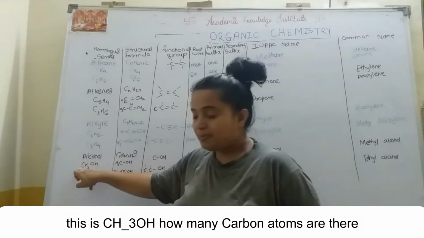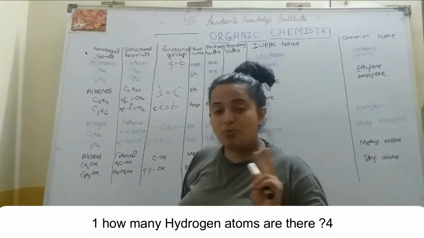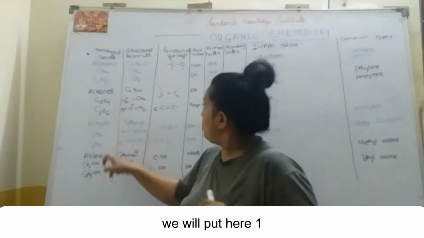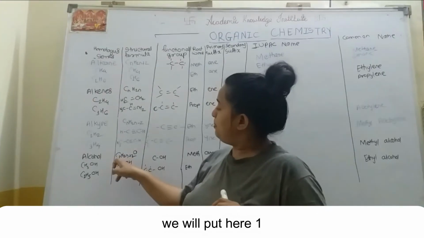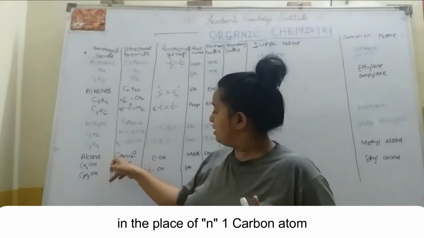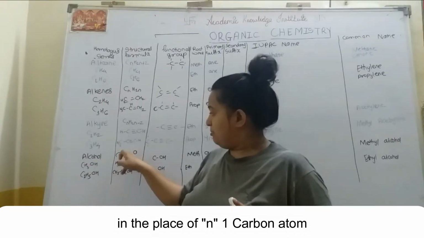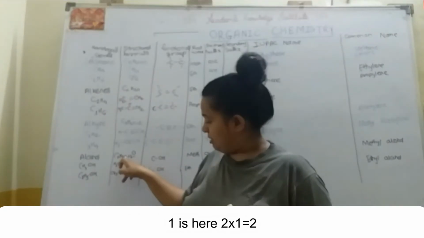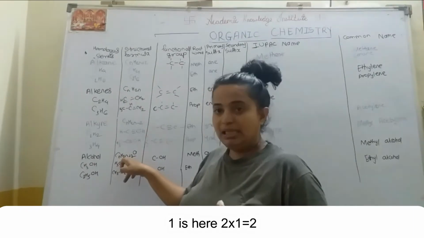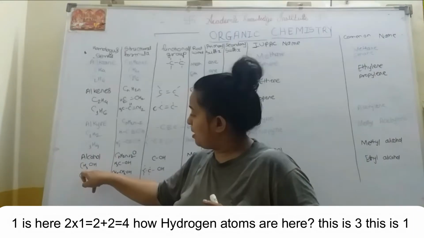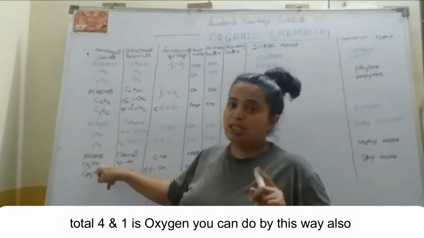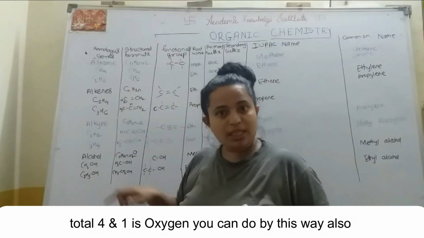How many carbon atoms are there? 1. How many hydrogen atoms are there? 4. So we put 1 here in n, 1 carbon atom. 2 into 1 is 2, plus 2 is 4. How many hydrogen atoms are there? This is 3 and this is 1, that is 4. And 1 is oxygen. So you can remember it in this way also.